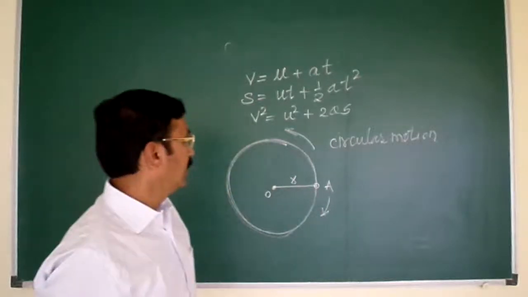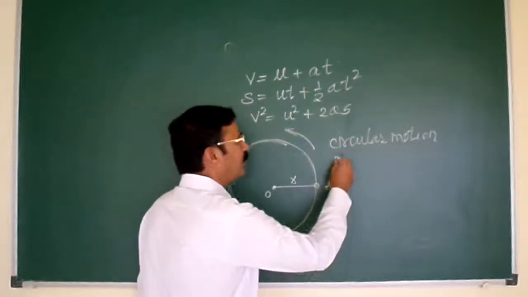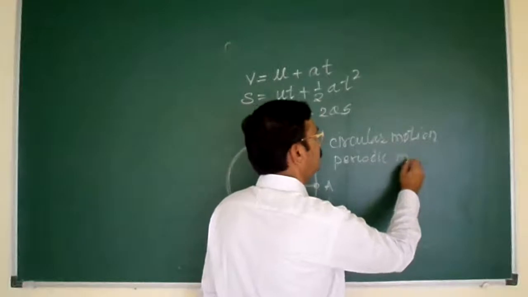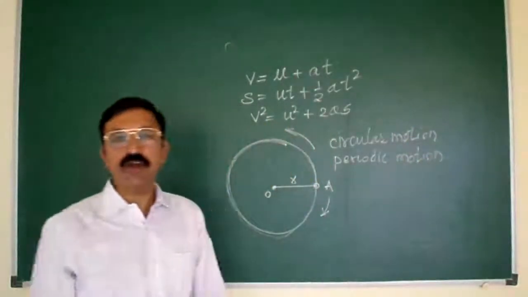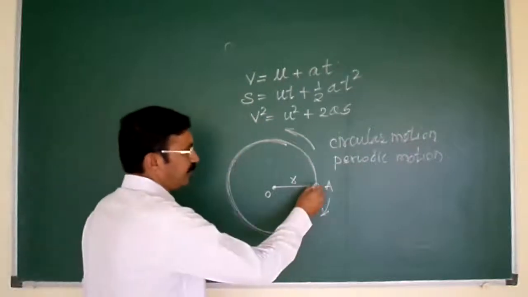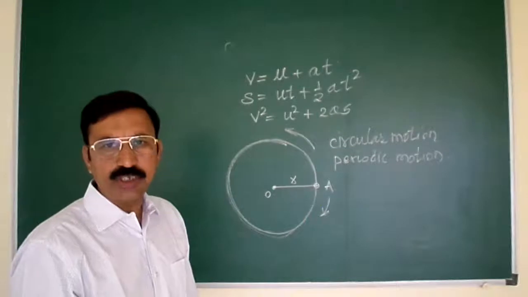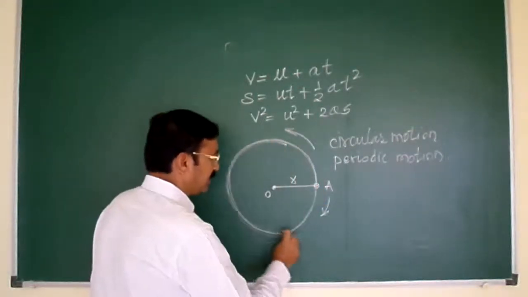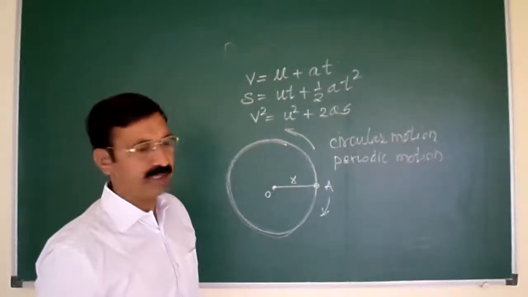But the important part of circular motion is that it is periodic motion. It means when the particle starts from any initial point A, after some time interval, it will return back to the same position again.